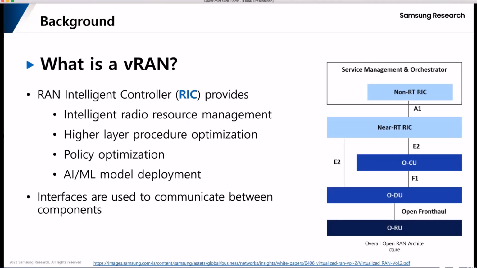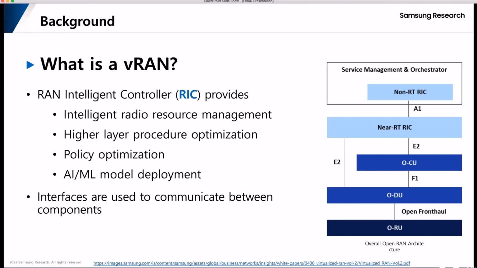Additionally, this is where you could deploy AI ML models to help with resource management or other needs. So this could be in helping decide what type of policies you should have, or what type of metrics you should focus on to deliver the best performance. So this is what the RIC can help out with.